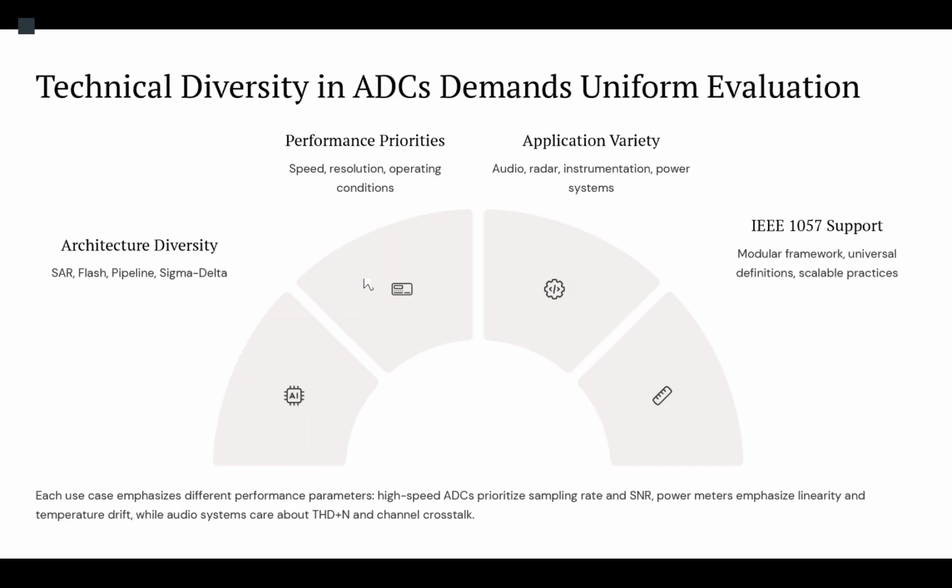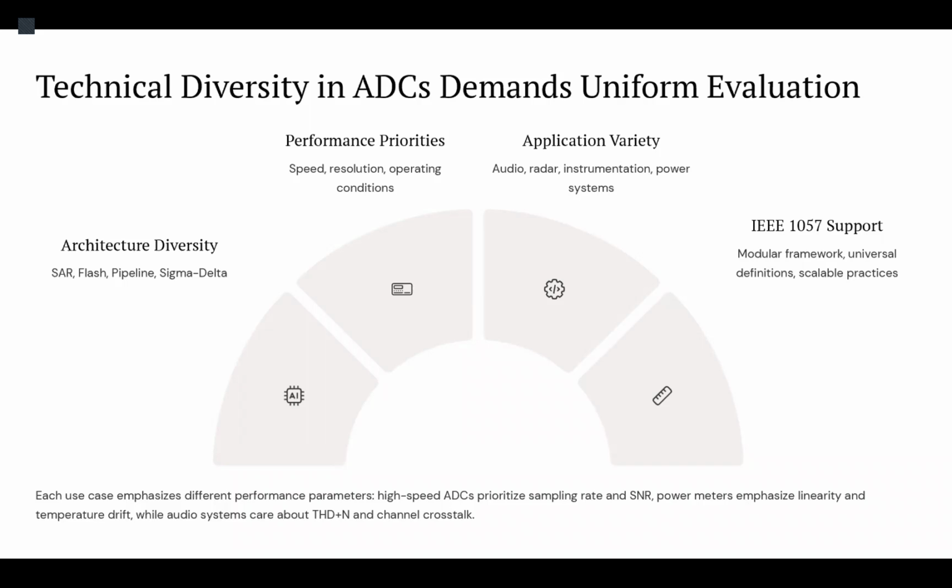In these architectures, sampling rate and signal-to-noise ratio are critical. Other architectures, like Sigma Delta, mostly focus on resolution and noise shaping, so they are most suitable for low frequency and high accuracy systems like audio or instrumentation.